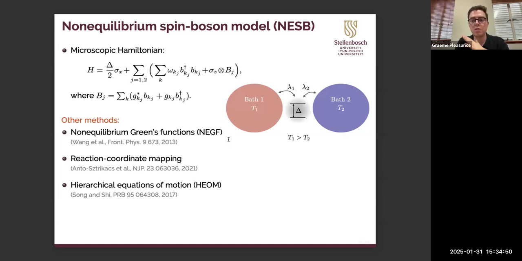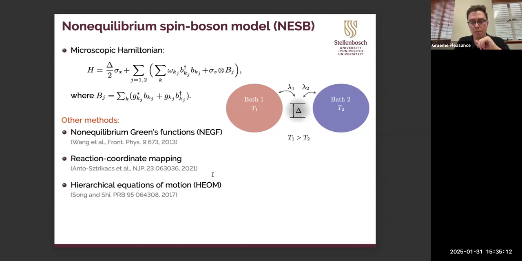I won't go into too much detail, but I'll highlight these other approaches. They consist of the non-equilibrium Green's functions approach, the reaction coordinate mapping, and the hierarchical equations of motion. I'll talk a bit more about the hierarchical equations of motion later on when I go into more of the details of the paper.